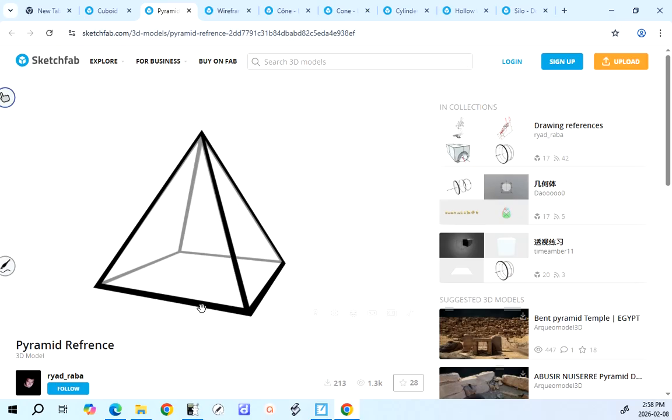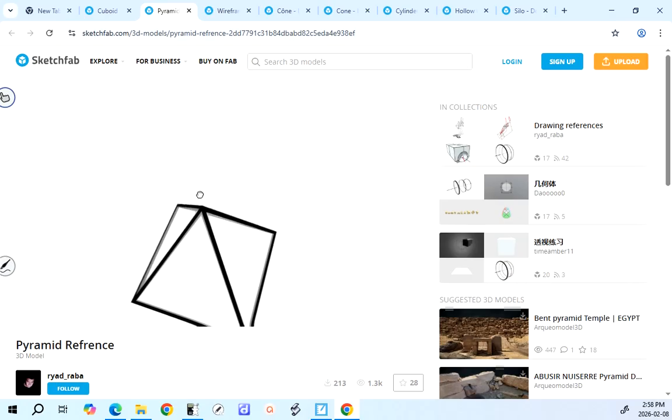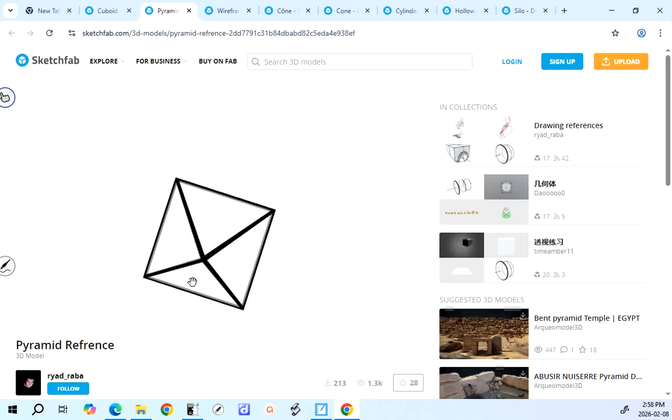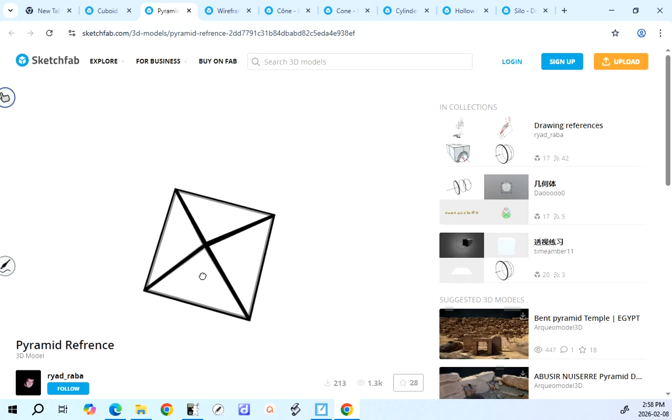But because the base is a rectangle, this triangle on the front, I'll just tip this now, this triangle on the front, which is here now, and this triangle on the back are identical triangles. Because this length that I'm indicating for the base of this back triangle and this length that I'm indicating for the base of the front triangle, these two lengths are equal, so these two triangles are equal.